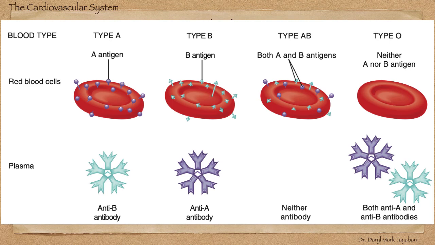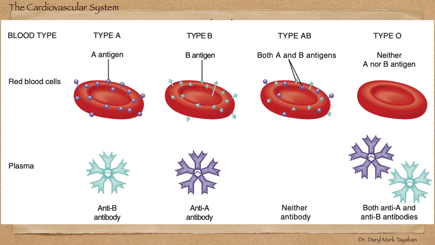So now, in our plasma, if for example you are type A, your plasma has an anti-B antibody. These are part of the plasma, which are the active ones. Antibody. I'll just give a story.